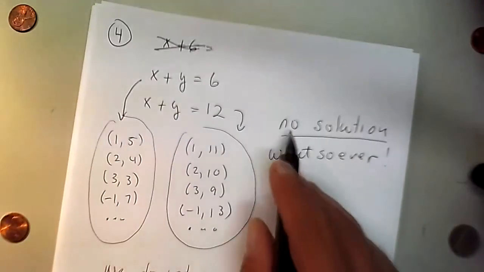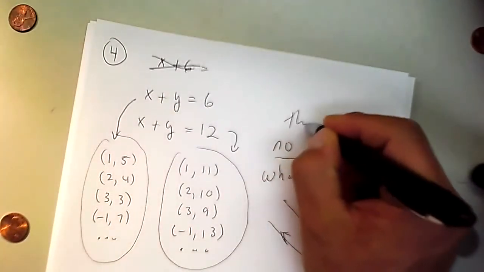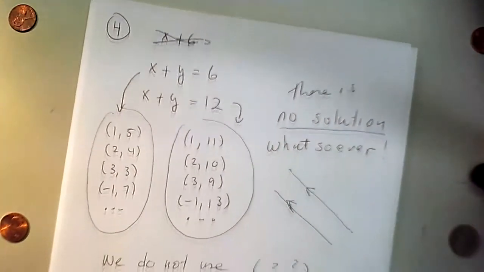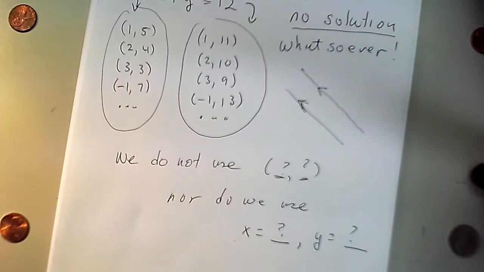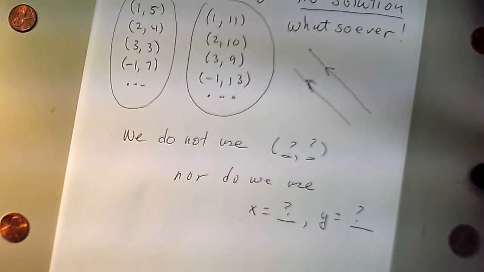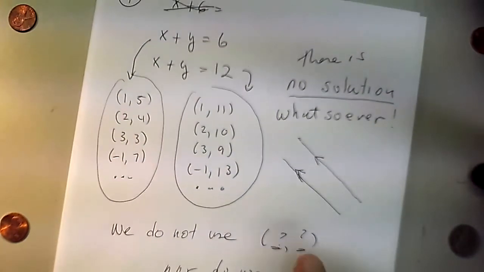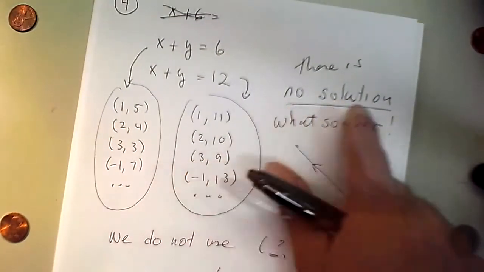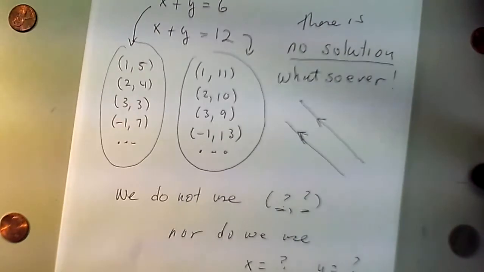We simply say there is no solution. There is no solution whatsoever. Some people use the empty set. I'm not going to use it. I'm just going to say in words, no solution, and that's it. Leave it at that.